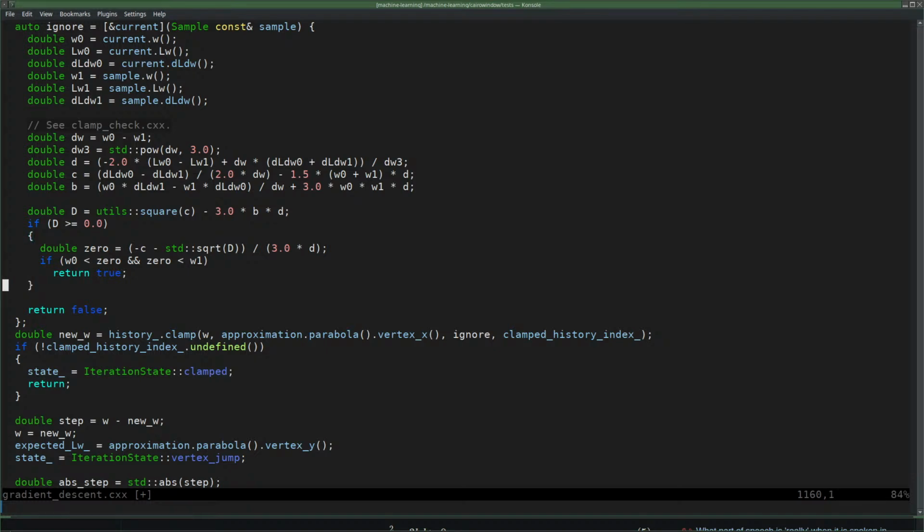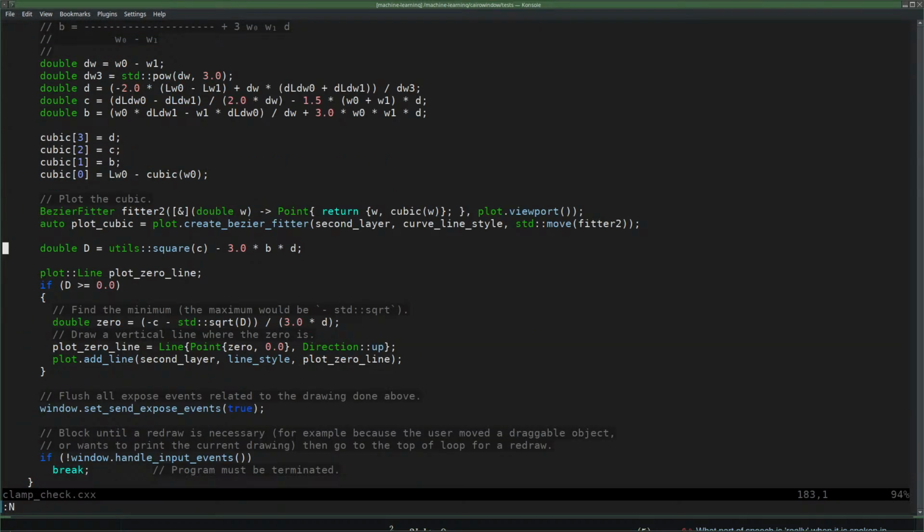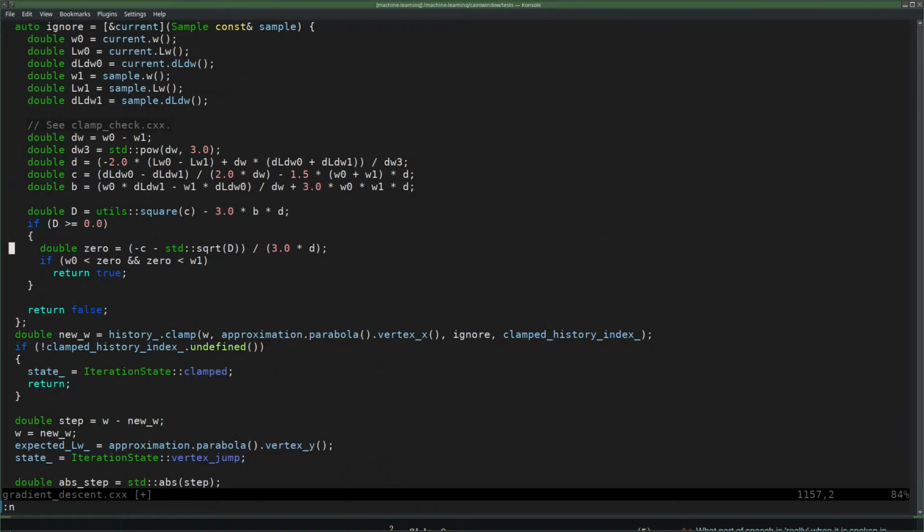Right, but oh wait, that's still a maximum. Well, this is only working for a minimum.